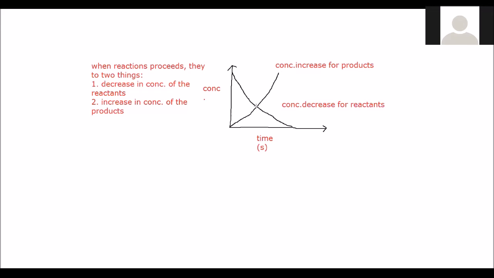This point here is the point at which the two curves meet. So it means in the progression of the reaction, there will reach a point whereby the concentration of the reactants will be equal to the concentration of the product. And then thereafter, the concentration of the reactants will now continue to decrease downwards.